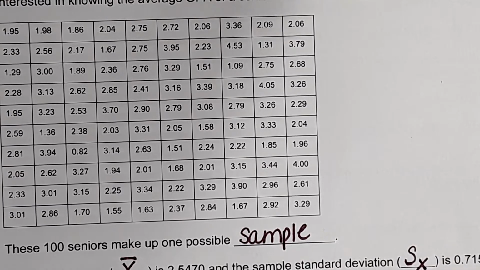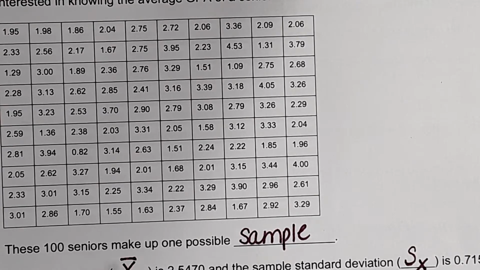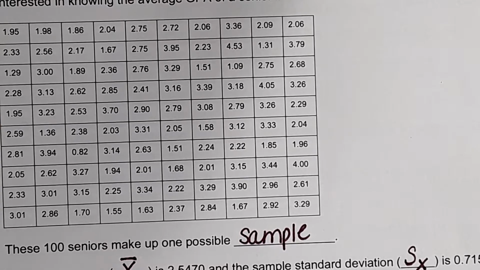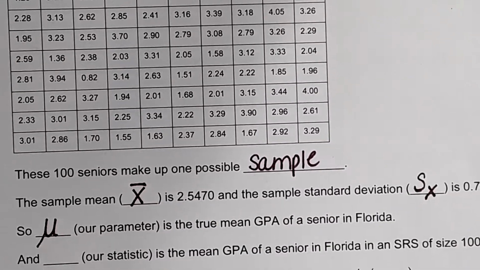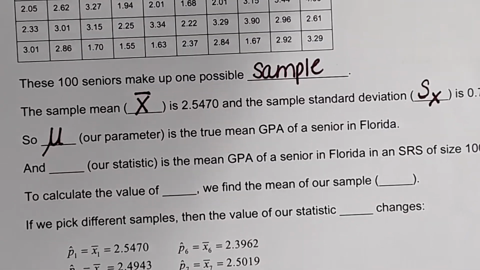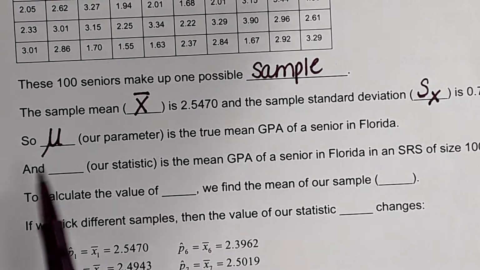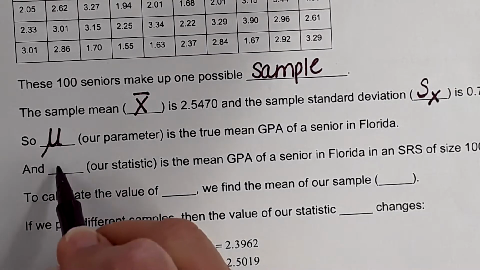And if our sample mean is X bar, what's our parameter? Mu. That's not to be confused with a cow moo. It's just mu. So mu is our parameter.